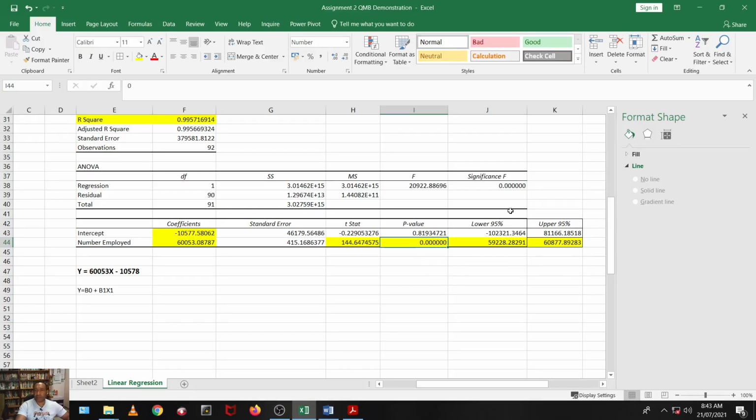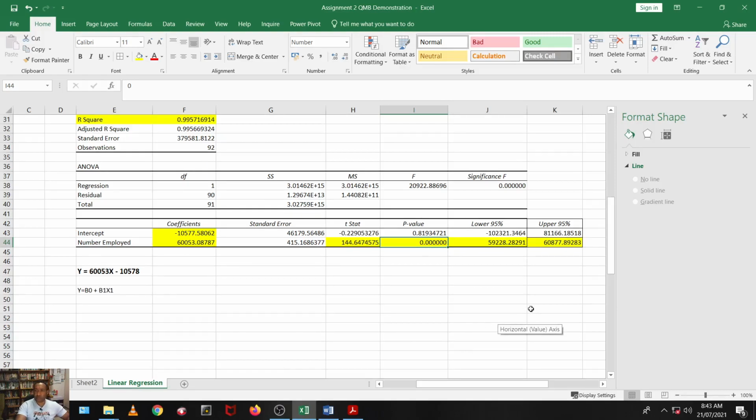Okay? The 95% confidence interval of the slope B1 here is from 59,228 kina to 60,878 kina. And this is a very narrow interval and indicates the precision of the slope B1. So it indicates that the precision of the slope, this B1 here, is high.